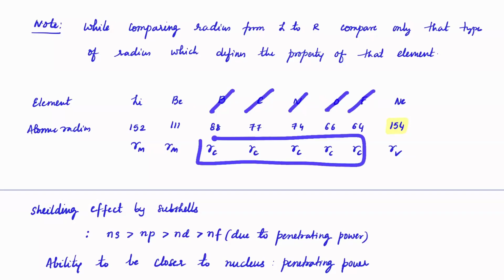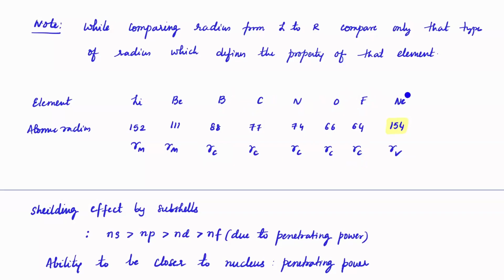Now, interestingly, neon is an inert gas element. It does not show any covalent bonds with anybody, neither does it show any metallic features. So the only radius that we will compare is the van der Waals radius.